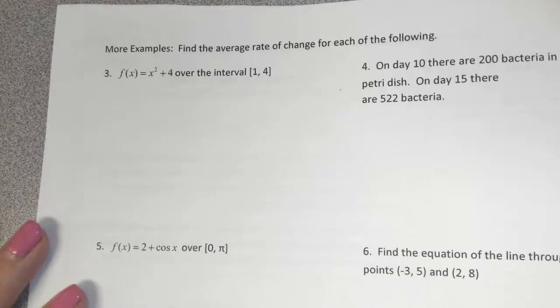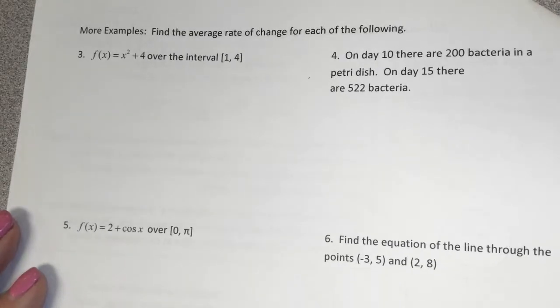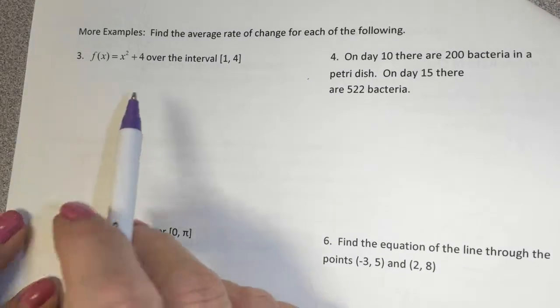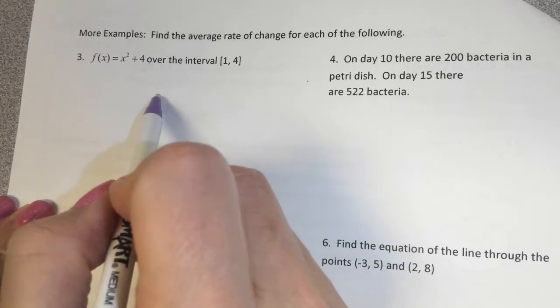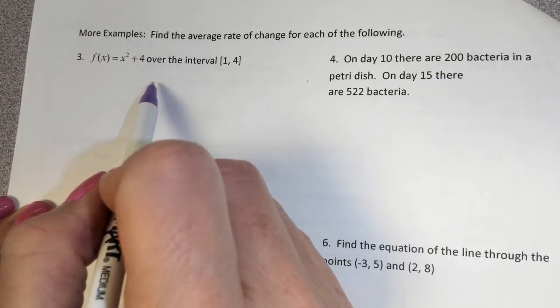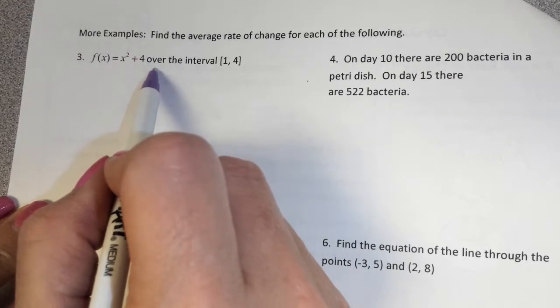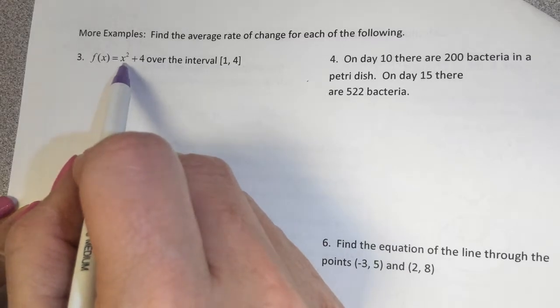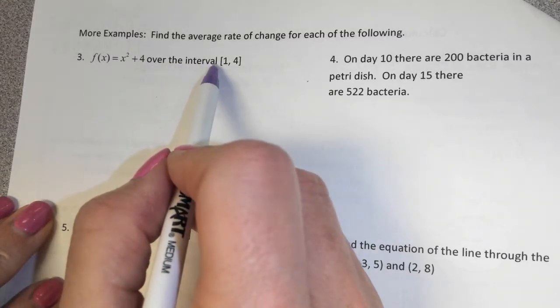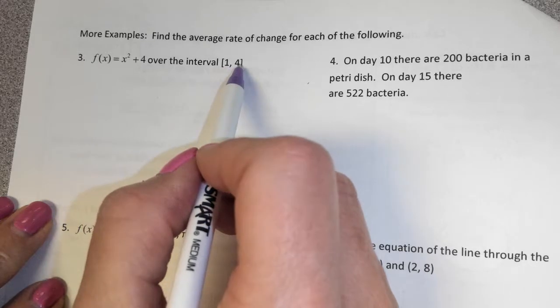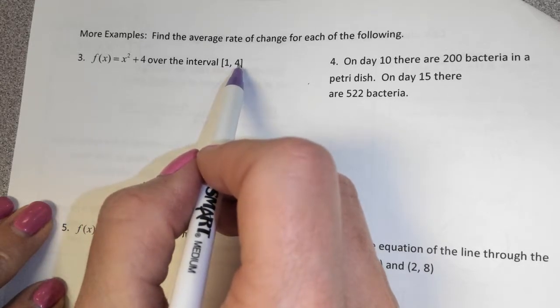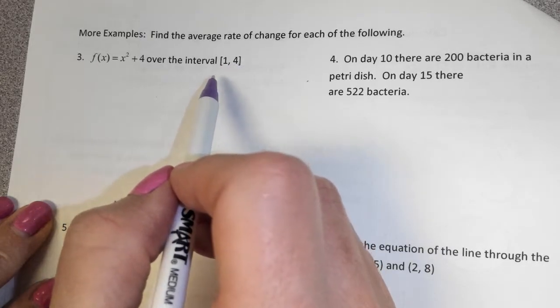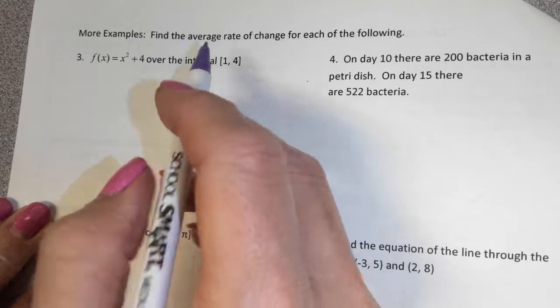Alright, let's go to the next page. So we need to get used to not having a picture, because our whole goal is to be able to find average rate of change without having a diagram. What would I do here then if I have this function and I want to find the average rate of change from 1 to 4? What would we have to do? Jasmine?